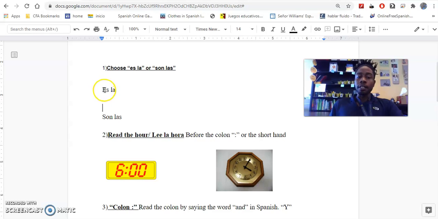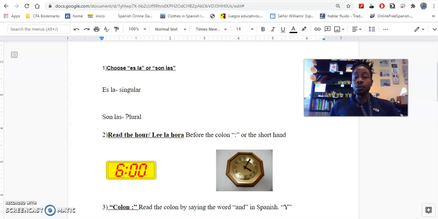So looking at the difference between es and son, the difference between la and las, and the difference between these entire phrases, what we will notice is that this first statement is singular. Es is conjugated for a third person, one person, and la is a singular thing as well. When we look at son las, this phrase is plural.